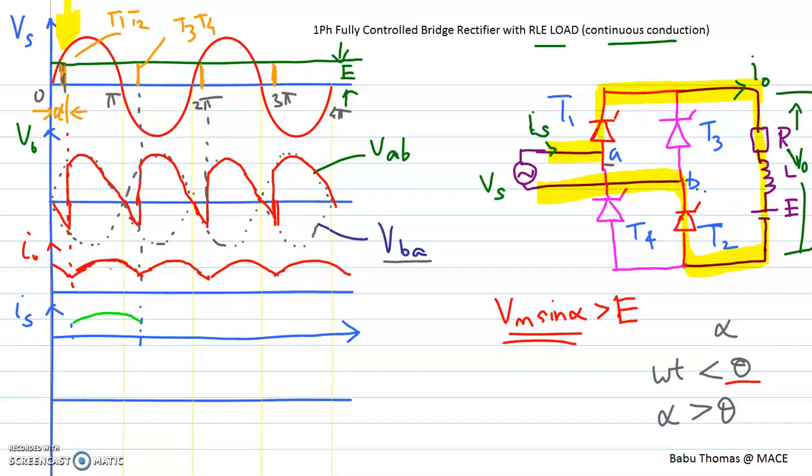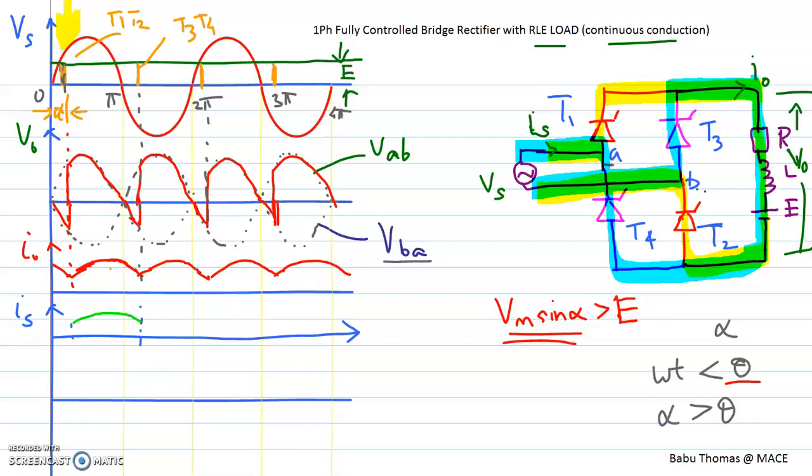So therefore the conduction will be from the lower part of the supply to the point B to T3, then to the load. Here you can observe that it is flowing in the same direction as the current I0 in the previous case. Then T4, then A, and back to supply. Here it is moving in the opposite direction to your supply current Is.